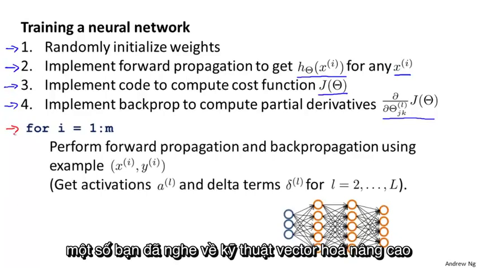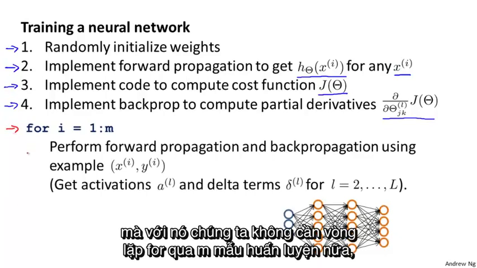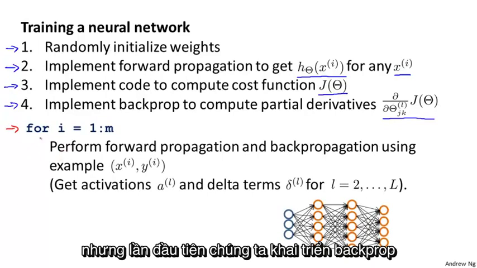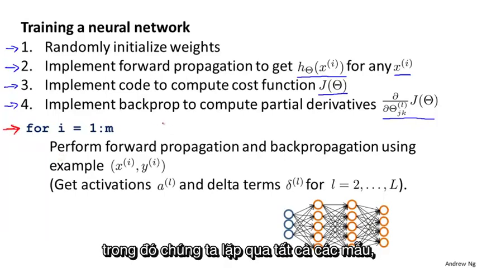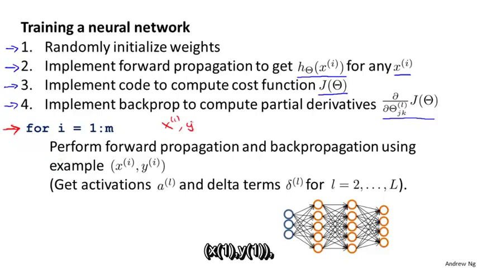Some of you may have heard of, frankly, very advanced vectorization methods where you don't have a for loop over the m training examples, but the first time you're implementing backprop, there should almost certainly be a for loop in your code where you're iterating over the examples x1, y1.